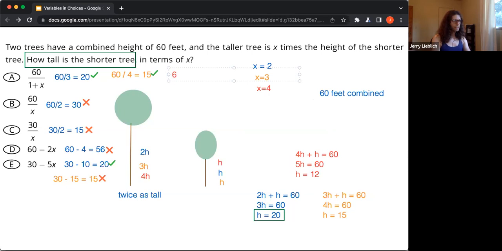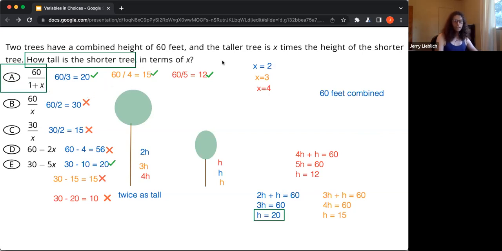Here I get 60 divided by 5 equals 12. I like that. Here I've got 30 minus 20 equals 10. All right, finally I can get rid of choice E, see the answer is choice A, and move on.